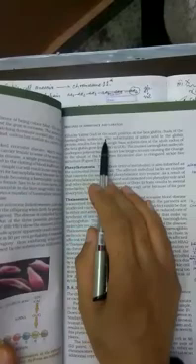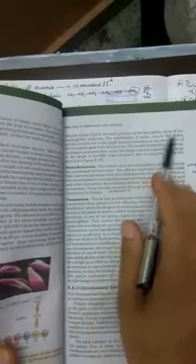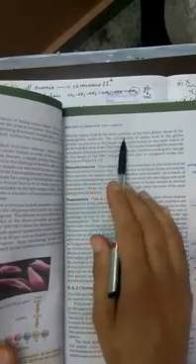The defect is caused by a substitution mutation, in which glutamic acid is replaced by valine at the 6th position of the beta chain of the hemoglobin molecule. The substitution of amino acid in the globin protein results from a single base substitution, so it's a point mutation. Remember, a few days back we learned what a point mutation is. A single base or single nucleotide change is called a point mutation, and the opposite of this was gross mutation.